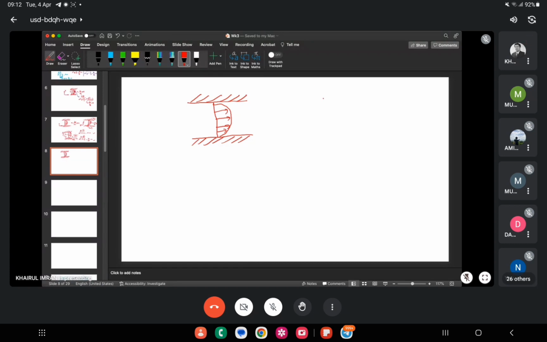Betul? So sekarang ni kalau you ada flat plate, you ada free stream velocity. I believe I already explain this one. And then you pun dah pandai lukis saya rasa. So ni sama je lah. Free stream velocity, and if the flow is over the flat plate, it becomes like this.